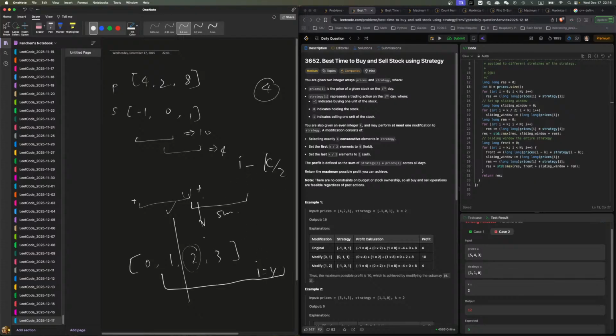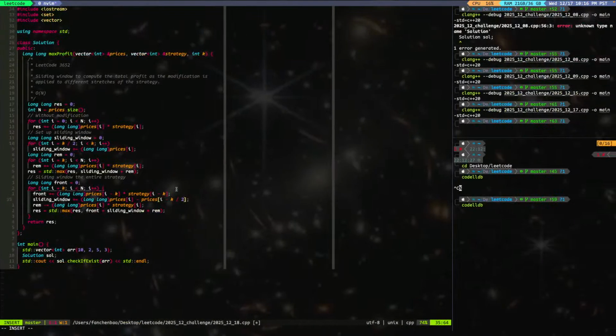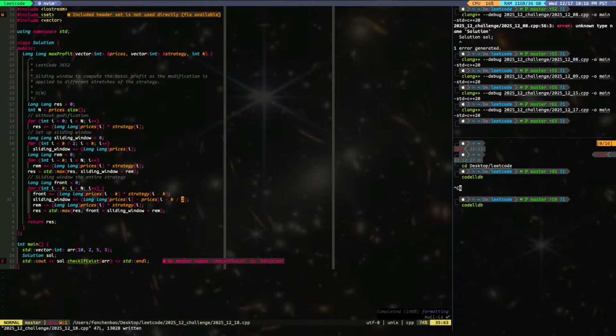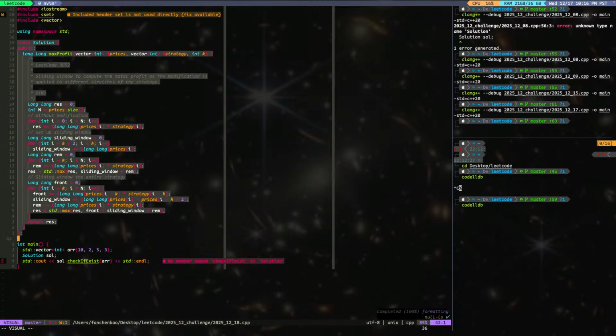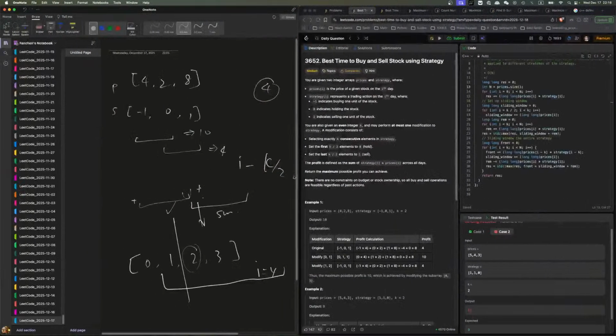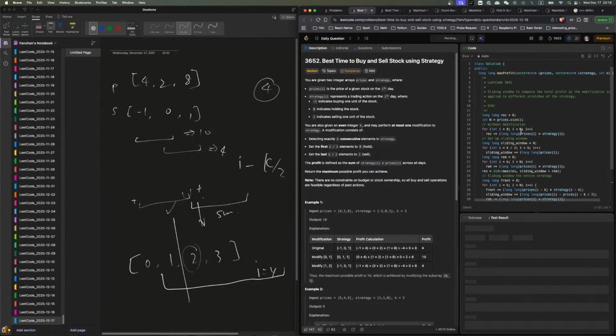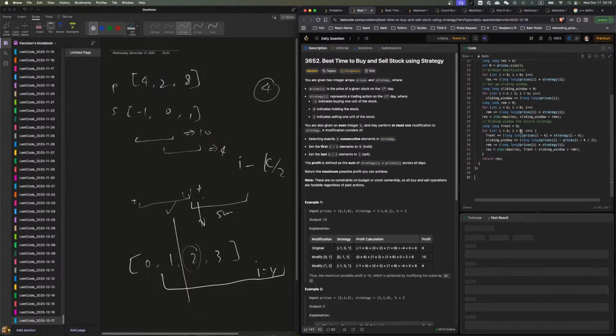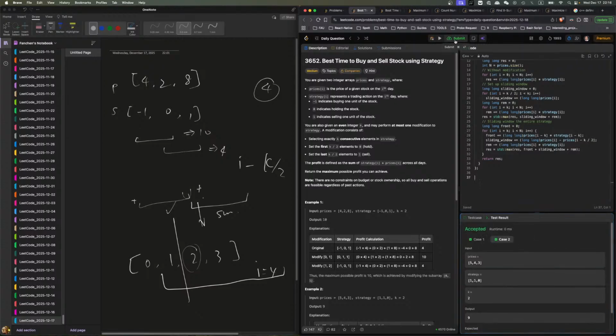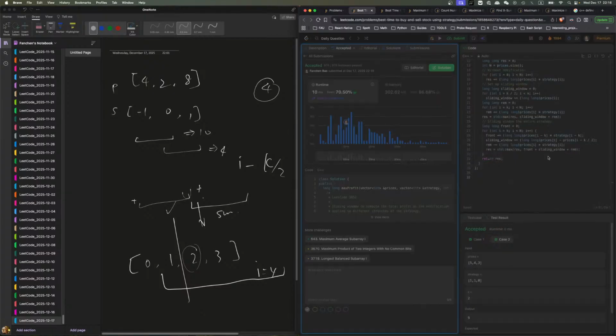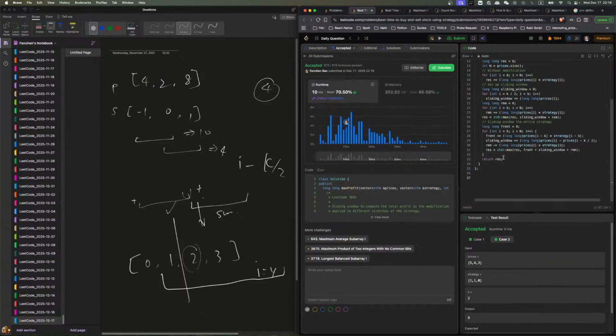So this gets removed, which means this is correct. Yeah, that was an oversight. Didn't pay attention to that. Yeah, should be right. Yep, it was so much easier than yesterday.